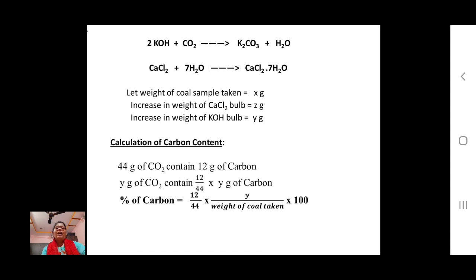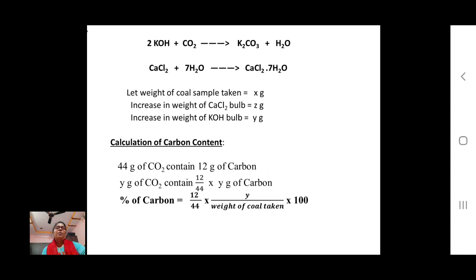Now, calculation of carbon content. We know that the molar mass of carbon dioxide is 44, out of which carbon is 12 gram. So 44 gram of carbon dioxide contains 12 gram of carbon. Therefore, if y gram of carbon dioxide is produced, it will contain 12 upon 44 multiplied by y gram of carbon. Since we have taken a very small quantity, it should be converted into percentage.